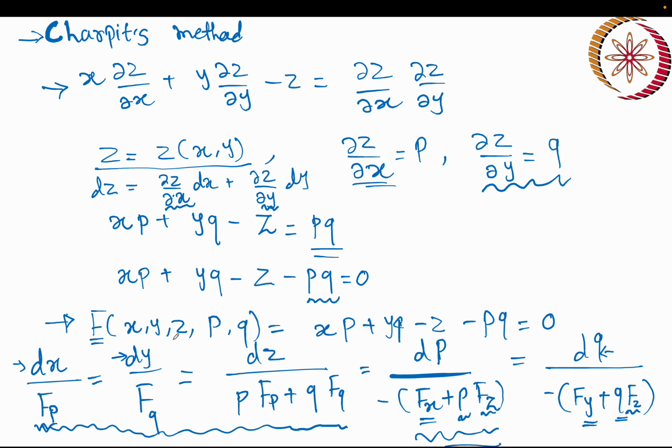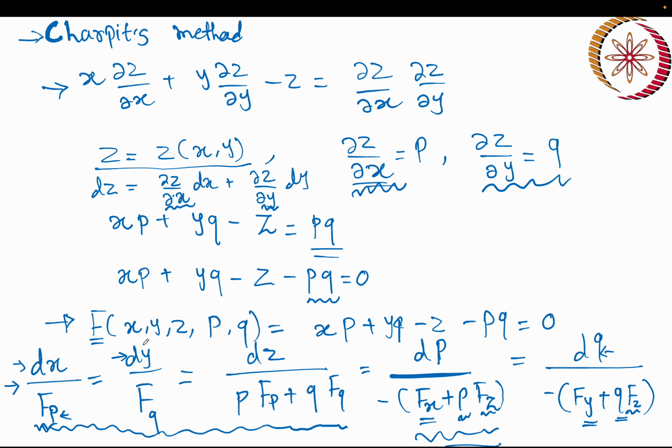After some derivation, which you can check out, what it finally gives is the equation dx by the partial derivative of f with respect to p. You can see that p is nothing but the partial derivative of z with respect to x, so you can relate this dx with what term should come below.